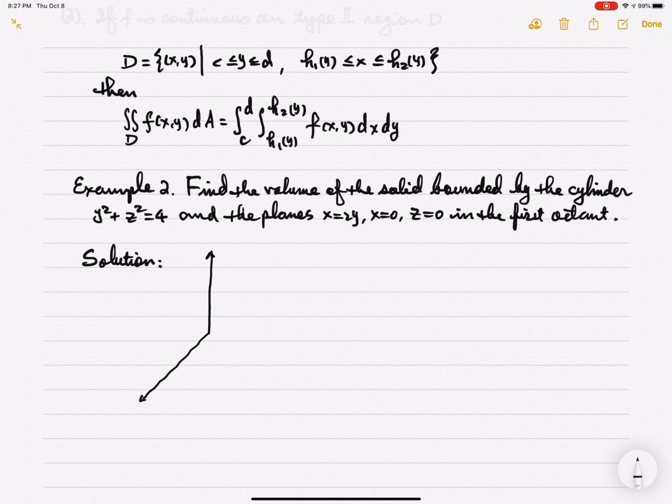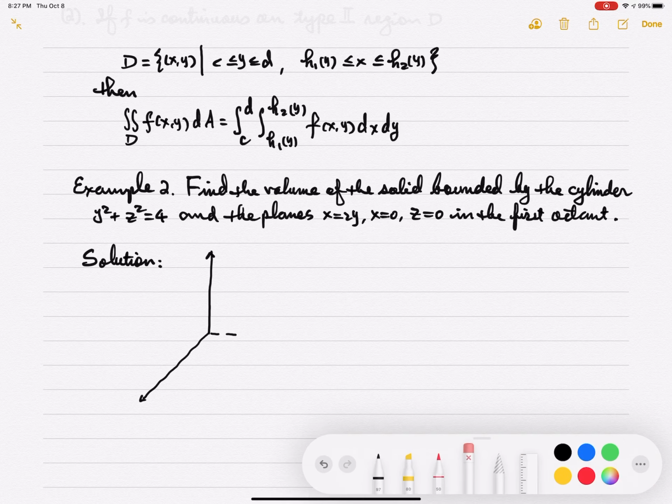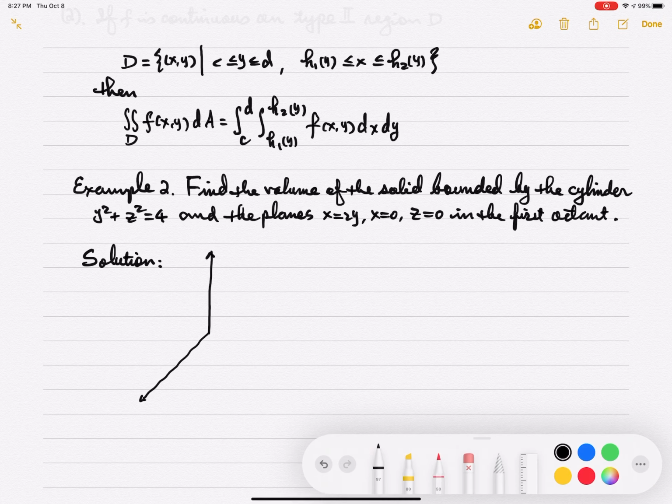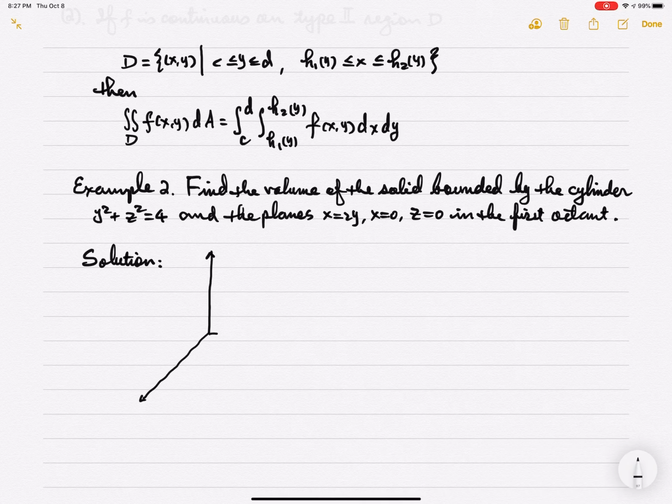Now the y-axis is this, so I'm going to put a dash line, because before you draw the graph, you need to be able to imagine what the geometric figure looks like.